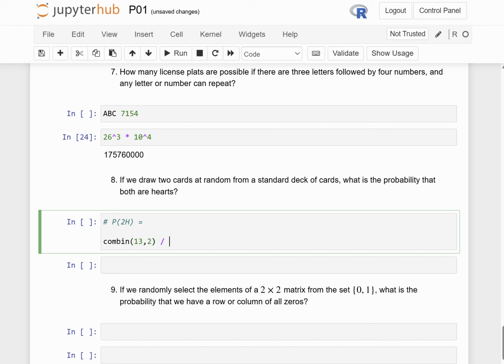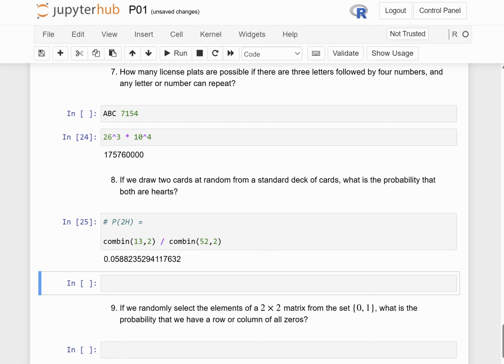How many possible things are there in the sample space? 52 choose two. So I'm doing 13 choose two divided by 52 choose two. And the probability of drawing two hearts, if I just draw two cards, is a little less than 6%, as you can see.